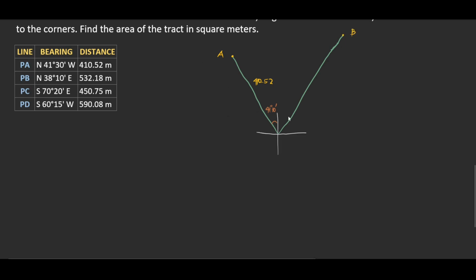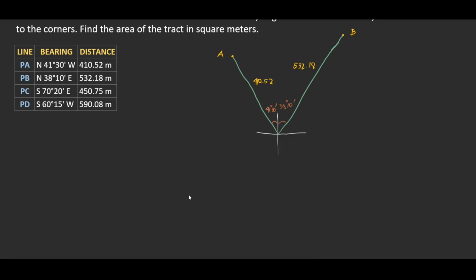And then the angle here is 38 degrees and 10 minutes. Okay, and the length, let's not forget to write that down. 532.18 meters. Okay, let's move on to PC.